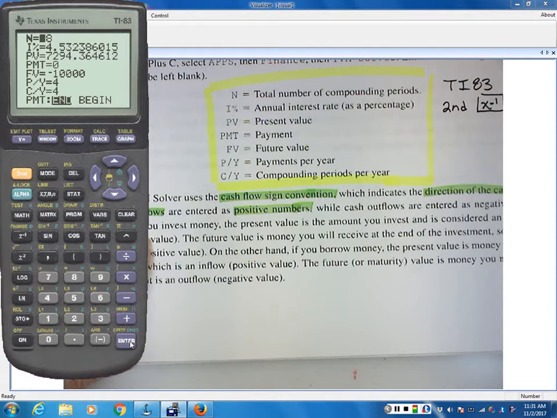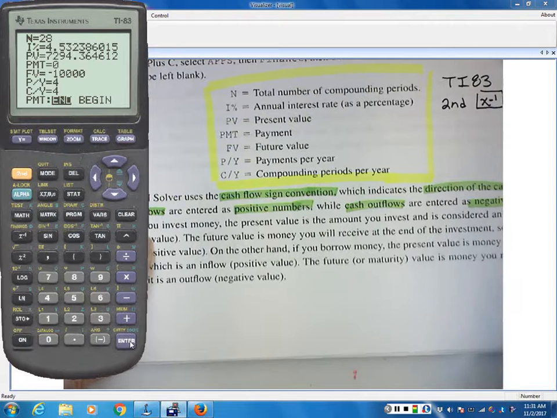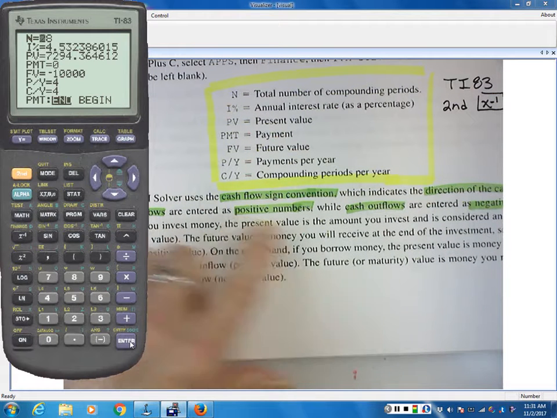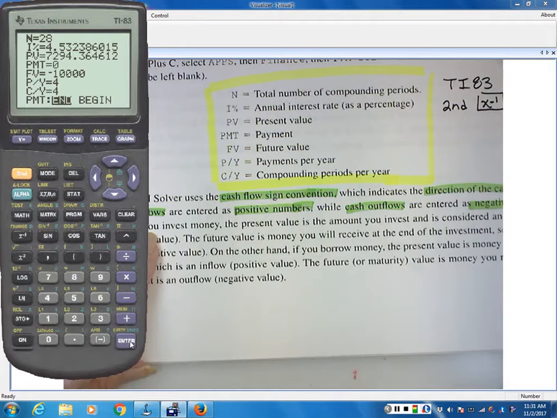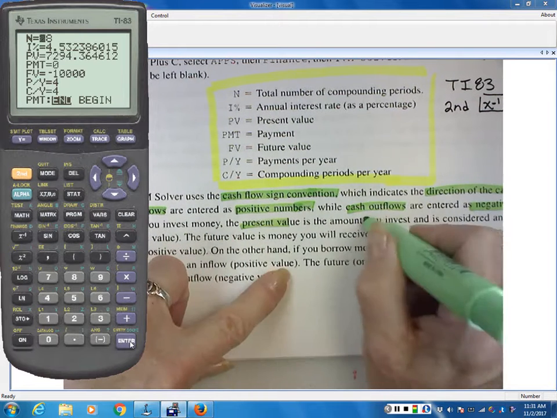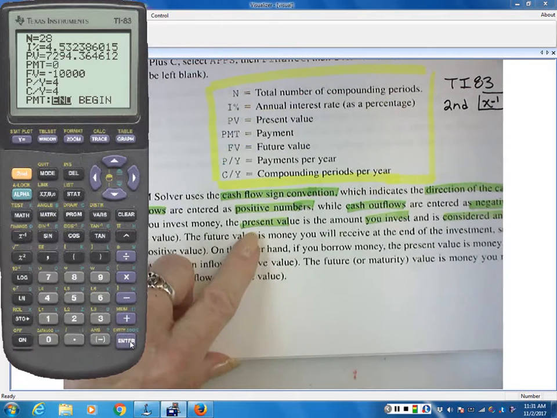Cash outflows are entered as negative numbers. So if you're putting money in, you're actually doing a cash outflow. So if you invest money, the present value is the amount you invest, and it is considered an outflow. So your present value will be put in as a negative because it is money you deposit.